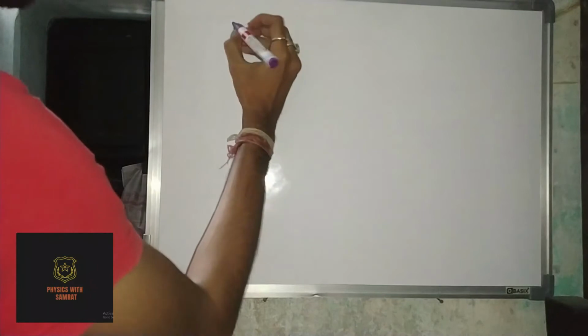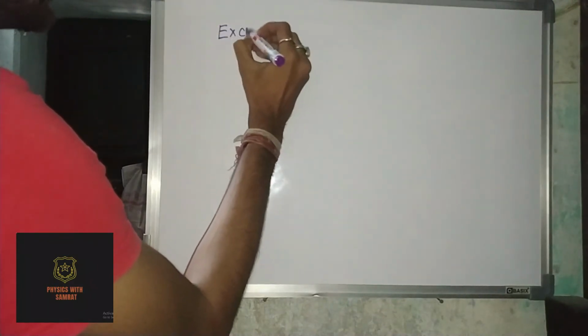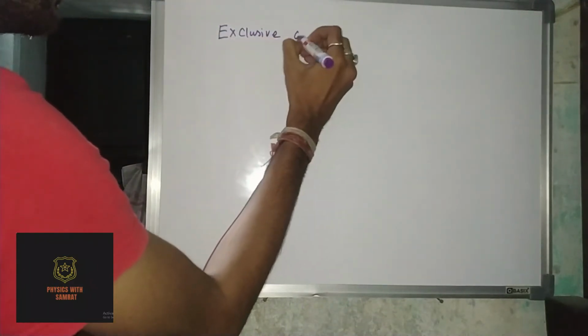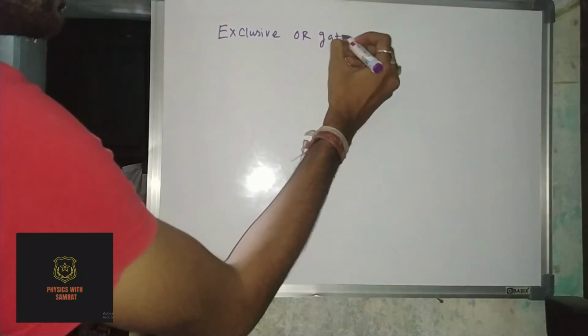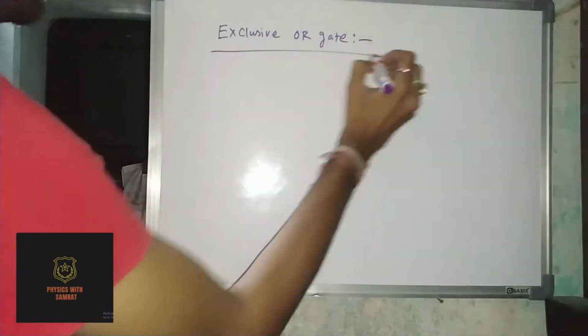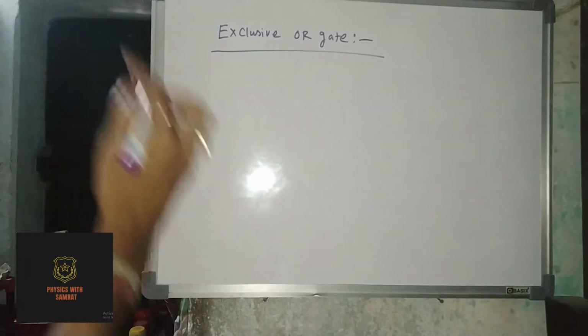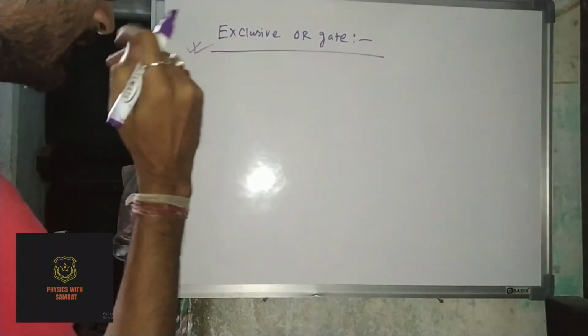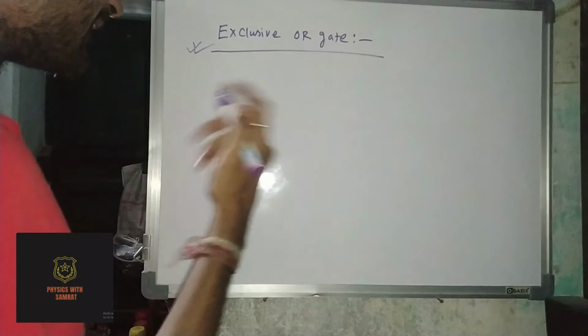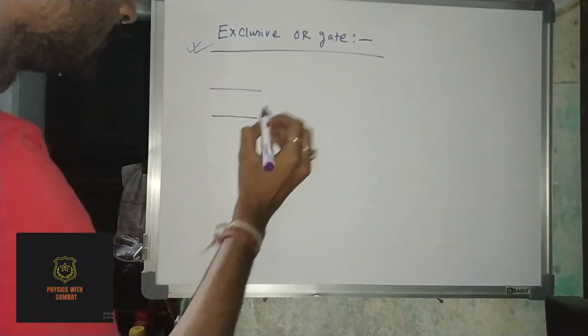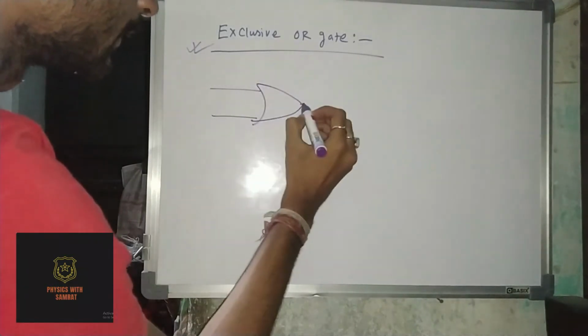Next one is exclusive OR gate. Okay, a very important topic. Let's see what it actually looks like.